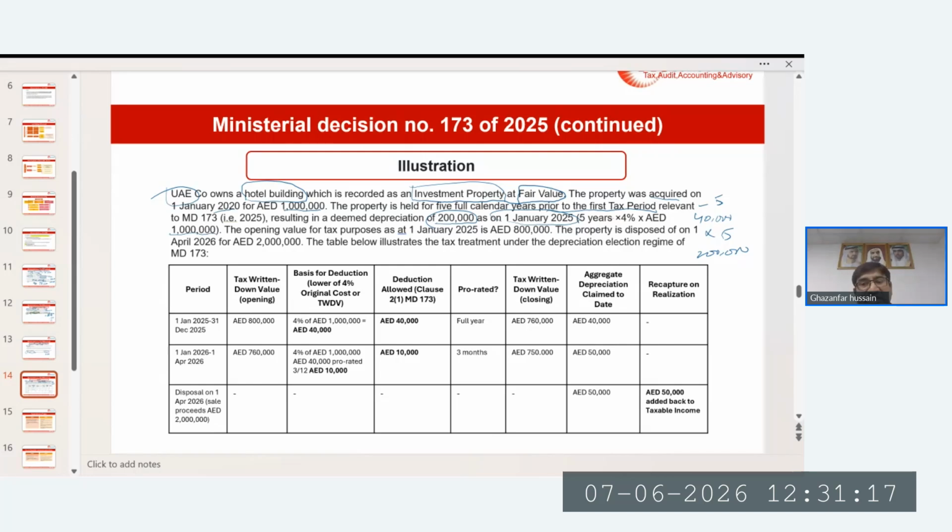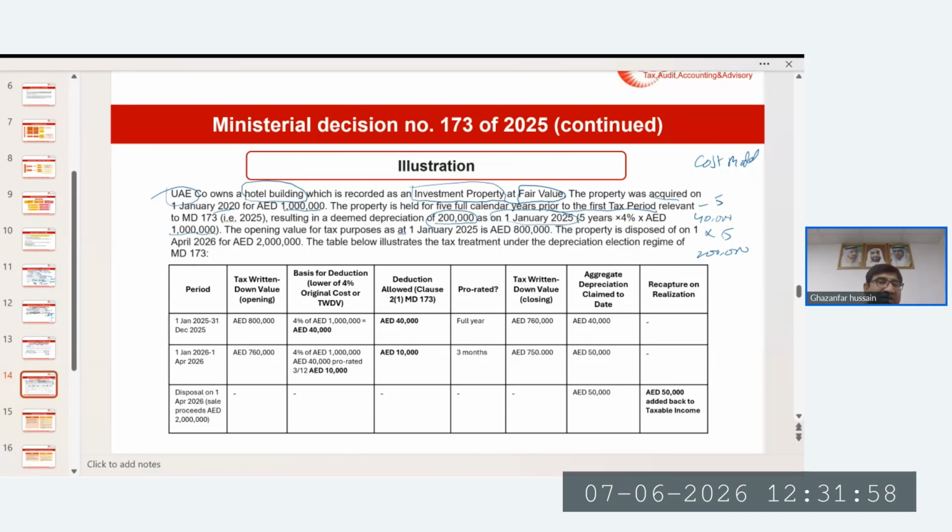How is this depreciation calculated? If we were following the cost model, although in the books it is not the cost model, we are currently following the fair value. But to calculate the depreciation, just assume we follow the cost model, so we look into all these factors: the cost of purchase, the life, and the period before the first tax period.